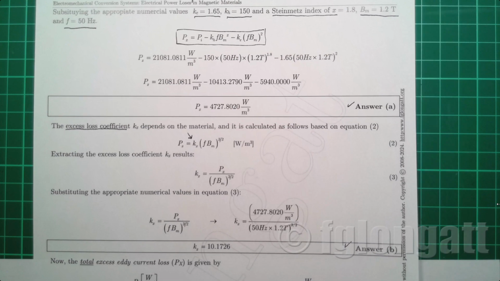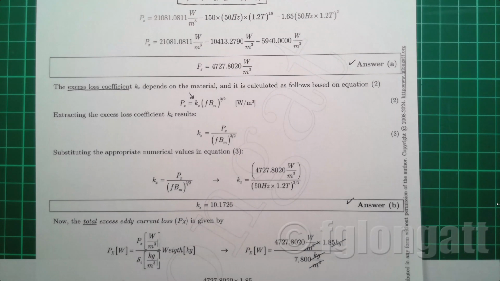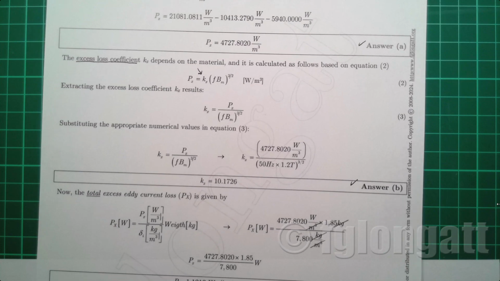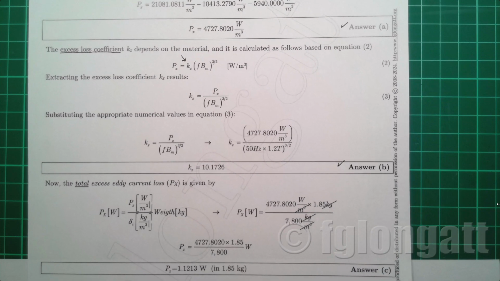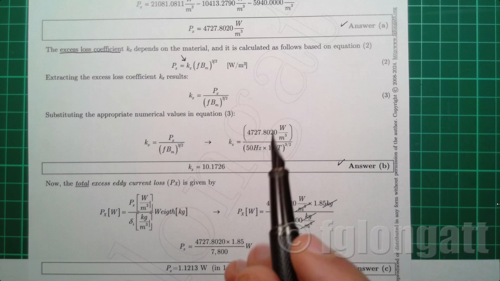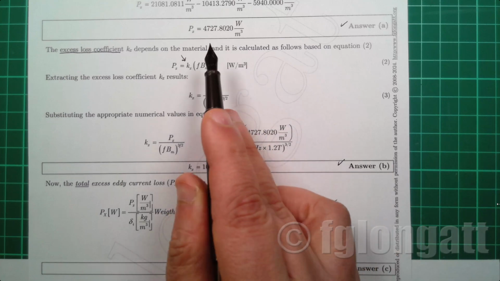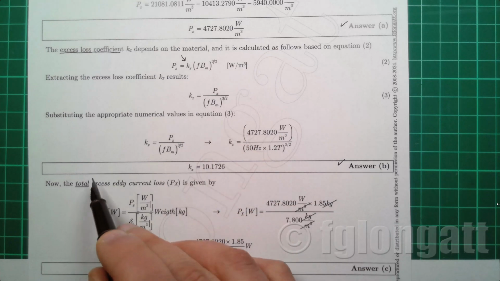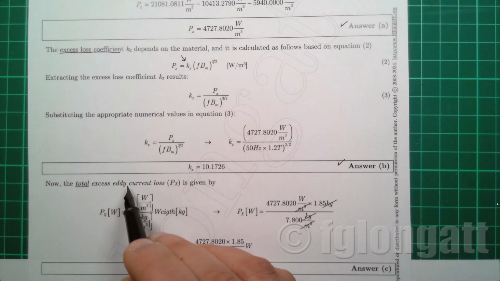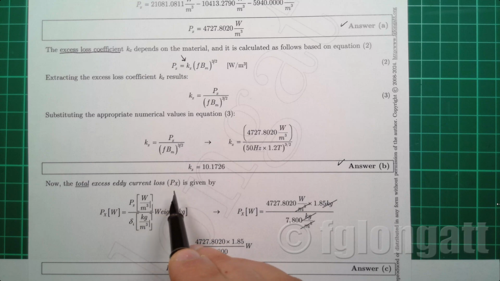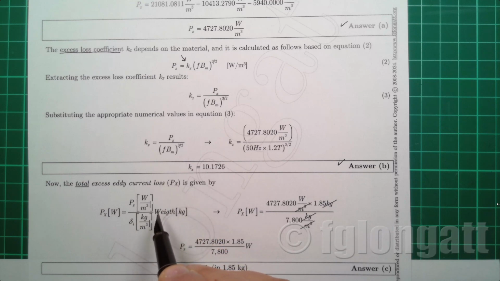So we covered two questions here, and the final one is probably the simplest for my students, because we already know Px, the energy loss density in watts per cubic meter. Now we want the total excess eddy current loss, capital Px. It's just playing with the units.